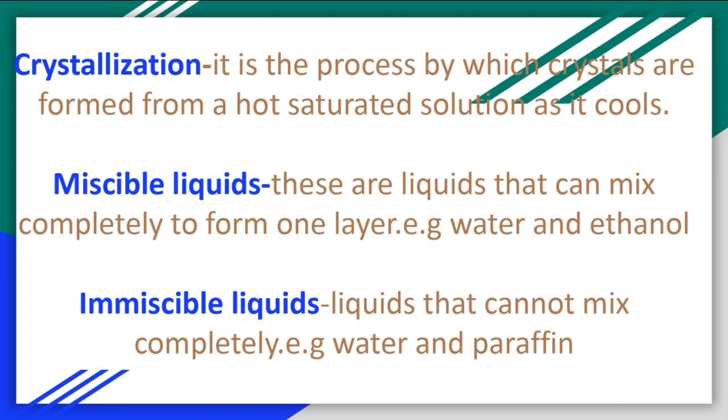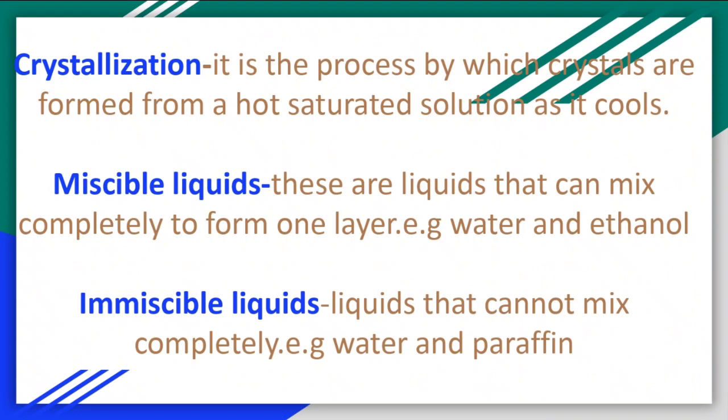When the two of them are mixed, you will not be able to tell the difference. It just forms one layer. Now, we have immiscible liquids, and these are liquids that cannot mix completely, and they form different layers. A good example is water and paraffin, or water and cooking oil.